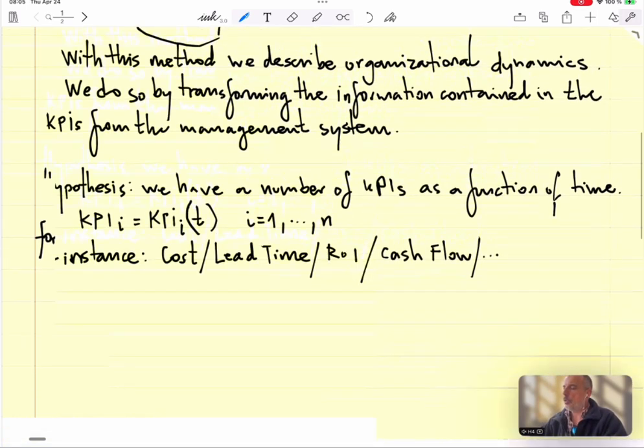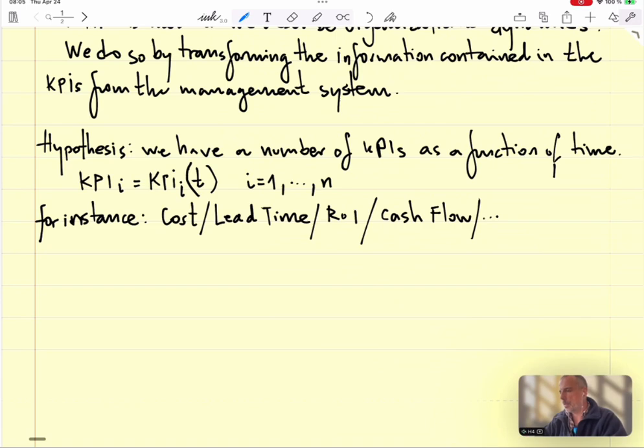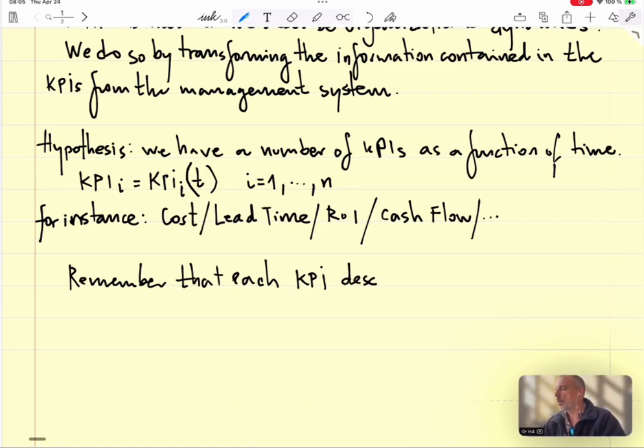So you need to remember that each KPI describes only one part of the variability in the system.